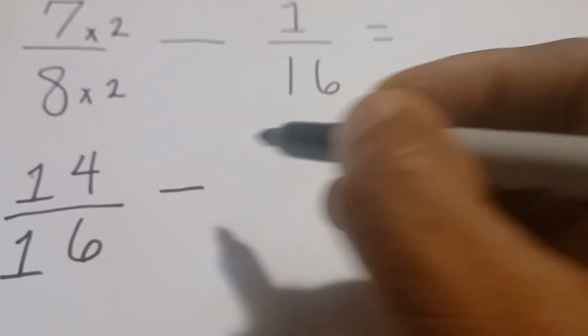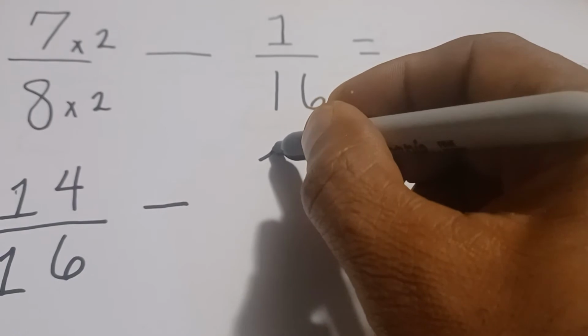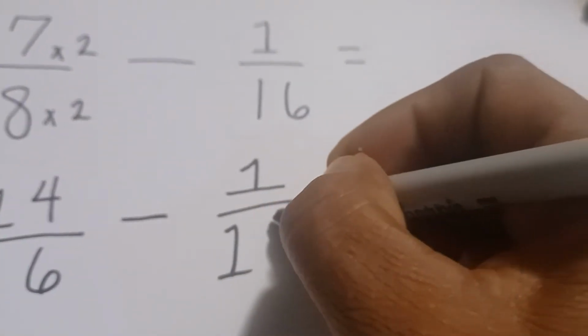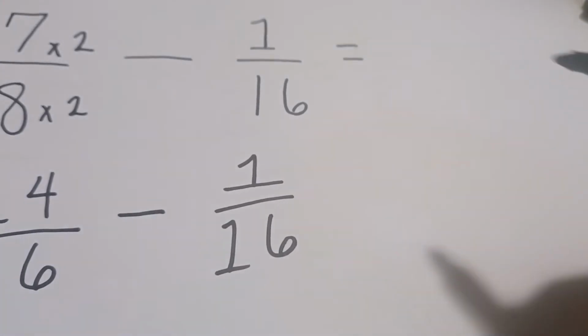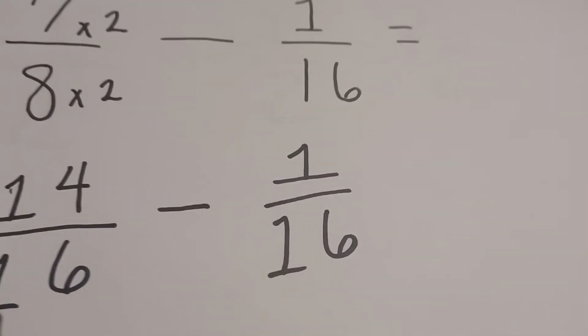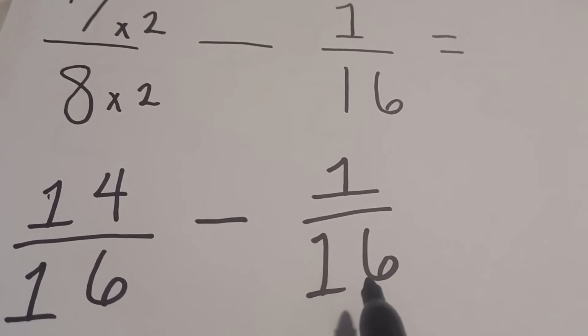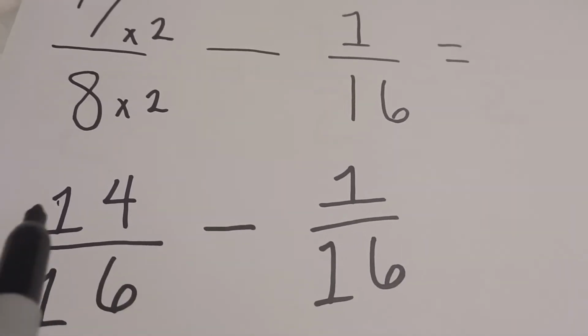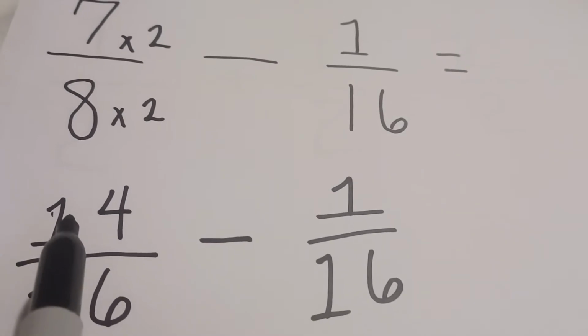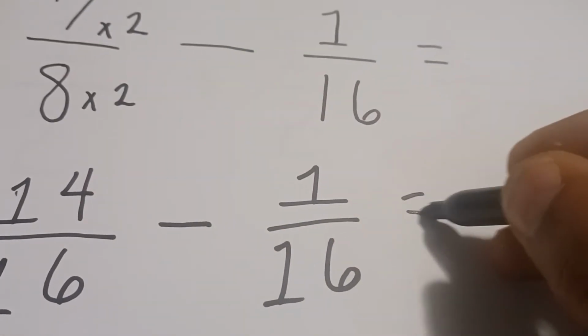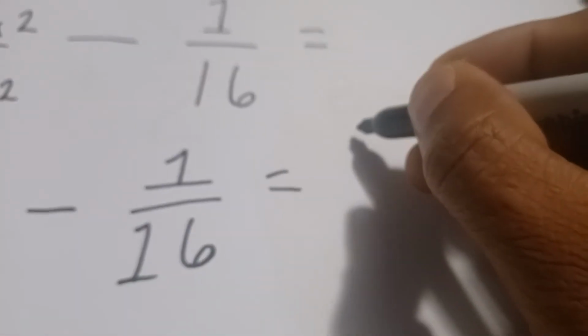Now let's proceed with the rest of our equation: 14/16 minus 1/16. Now our denominators are the same, so we can go ahead with our subtraction problem. 14 minus 1 equals 13.